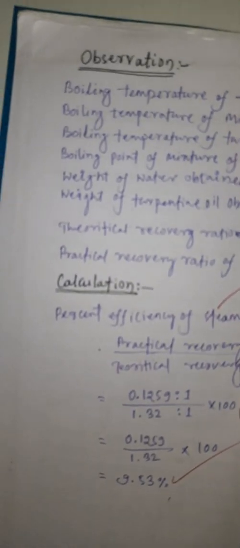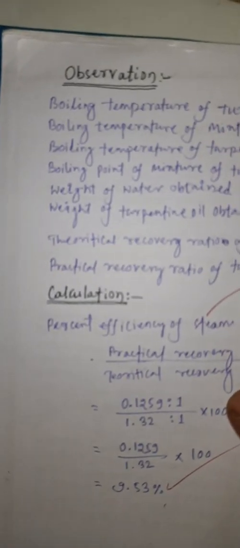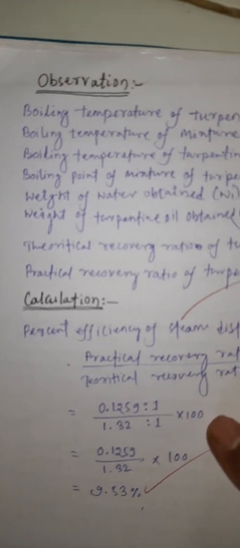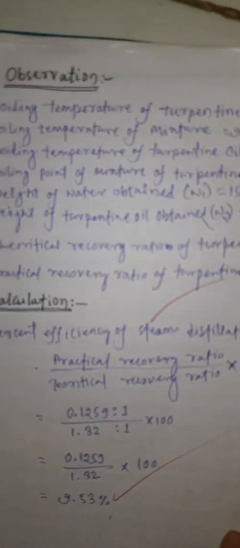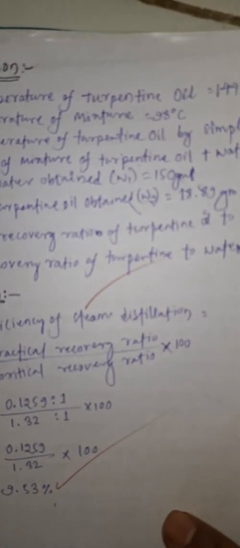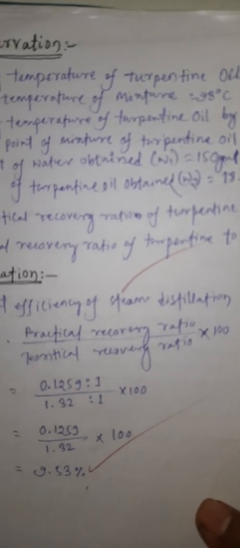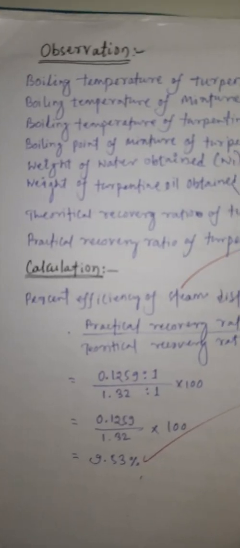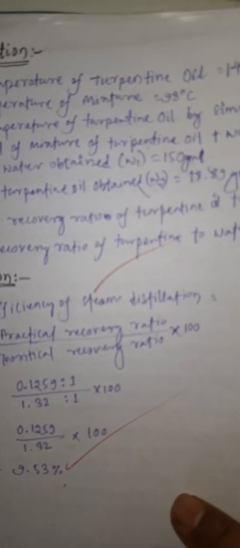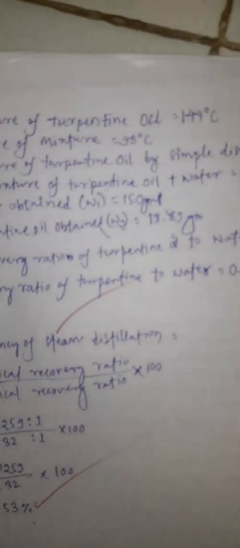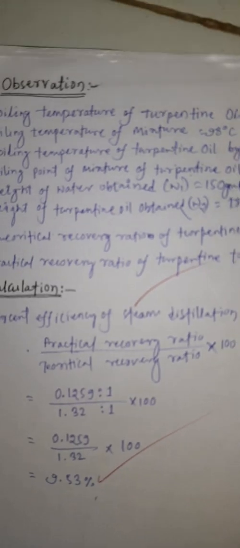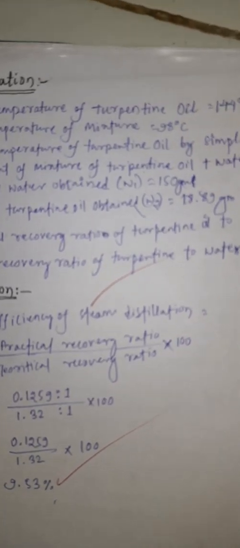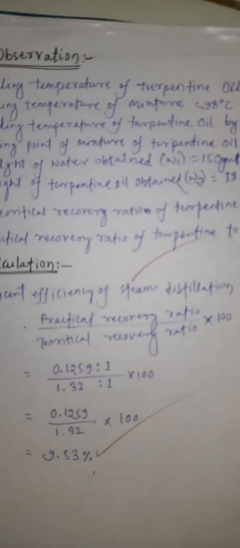Then the boiling point of the mixture of turpentine oil and water, we have also measured this. Then the weight of water obtained, W1. The water obtained will be weighed on the weighing machine. Then the weight of turpentine oil obtained, we have already weighed both water and turpentine oil on a weighing machine.